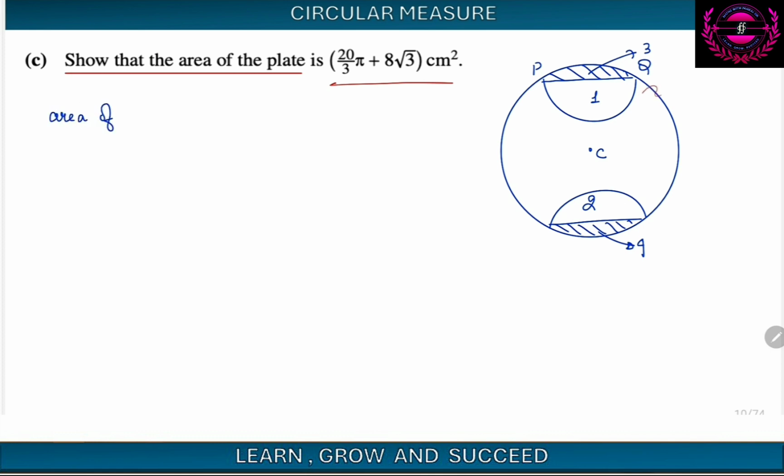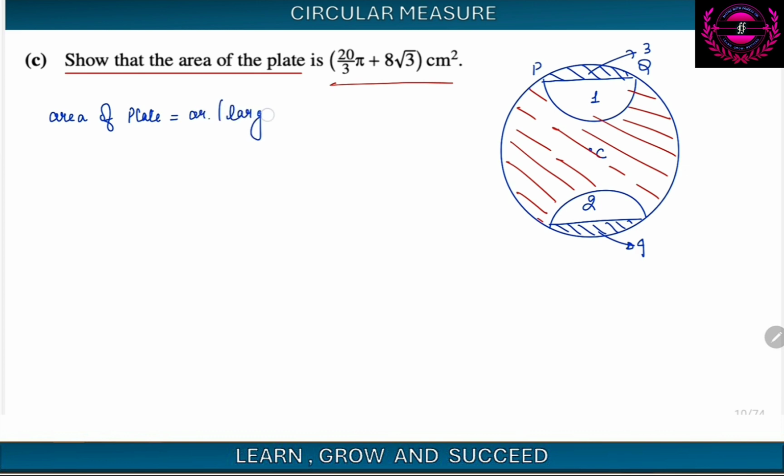Area of plate is this region shaded by red pen. So area of plate is area of larger circle minus area of region 1, 2, 3, 4.